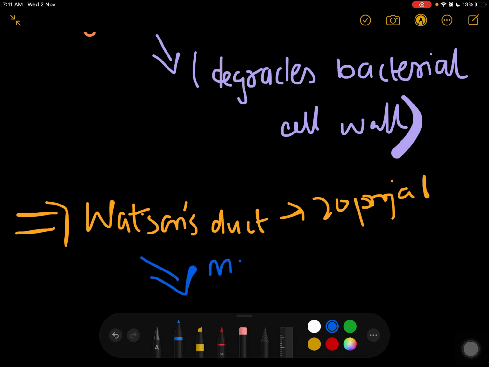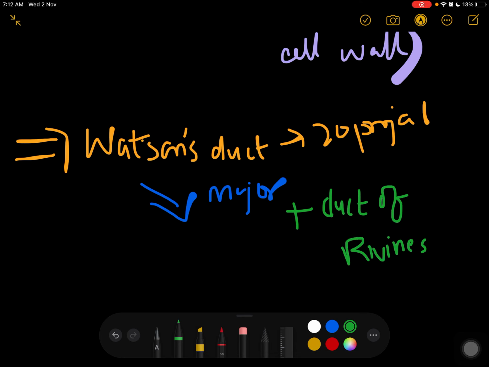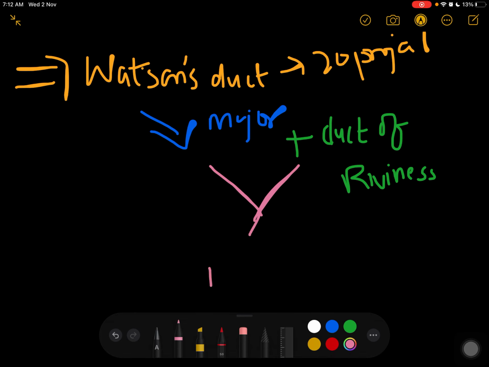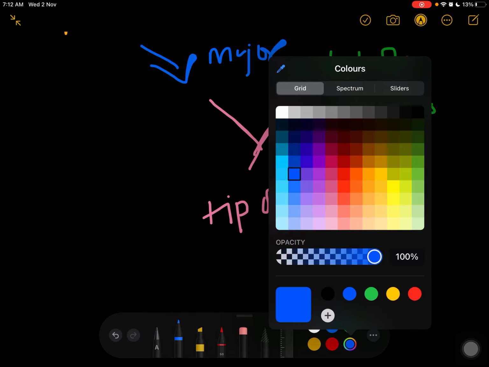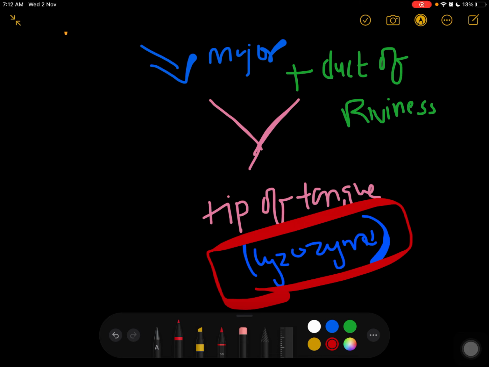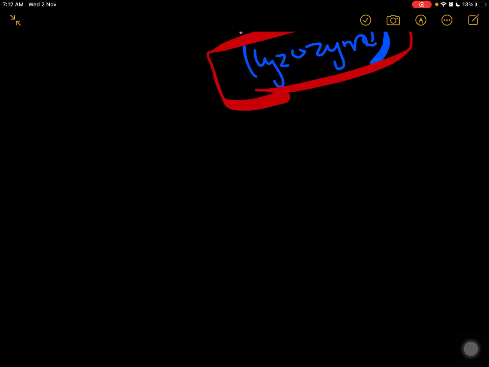The major projection combines with the duct of Rivinus, and they will come together at the tip of the tongue and produce the enzyme known as lysozyme, which is responsible for the antibacterial activity in order to degrade the bacterial cell wall.